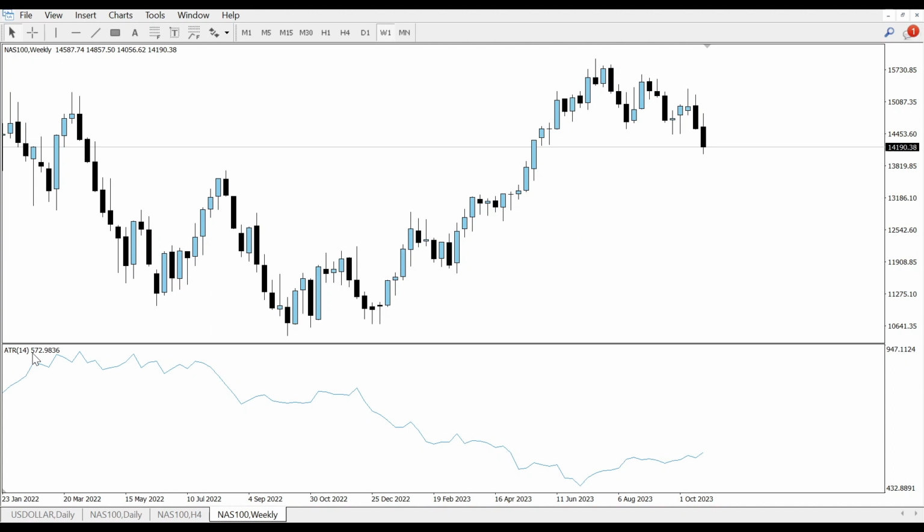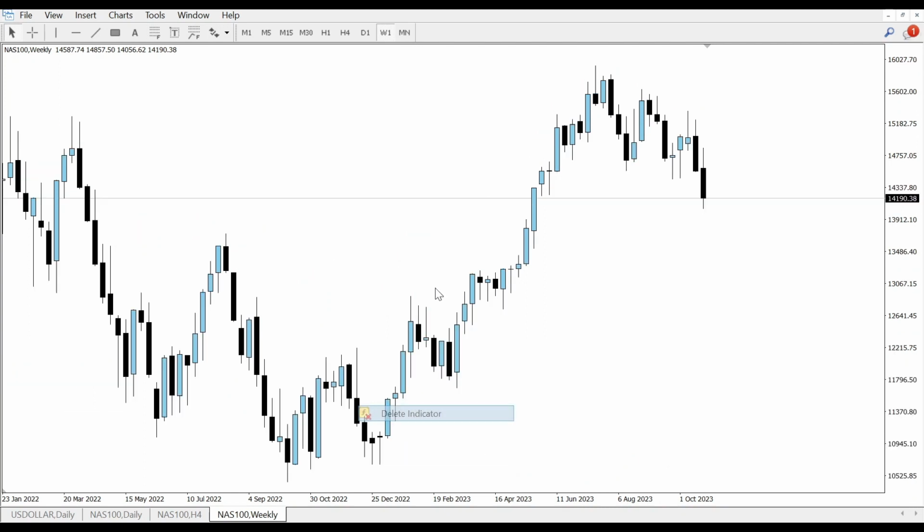Now, if you look here, it says 572.9836, which means 572 pips for this pair for the average movement every week. So we're going to round it to 600 pips every week. And we're going to use that information to determine our premium and discount for the upcoming trading week.